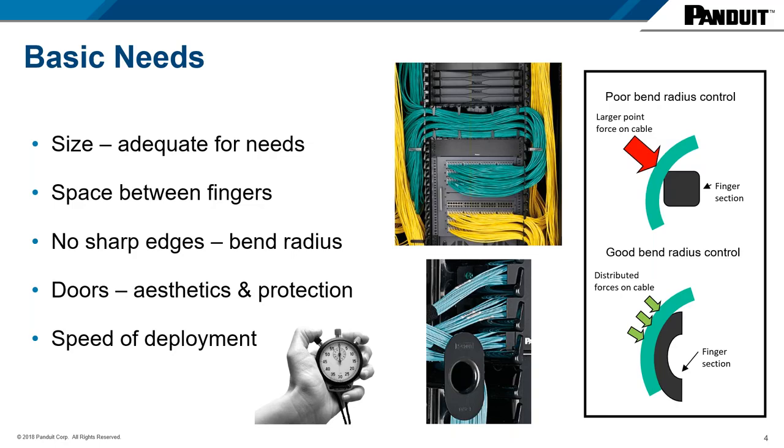Over time, this will negatively affect the cable performance, and in some cases, it will immediately affect the performance, and we typically see that more so with fiber cable. Now, if you look at the lower picture on the right, you can see that with proper bend radius, the force is distributed across the cable. And this eliminates any concern for sharp bends. So very important for cable management fingers.